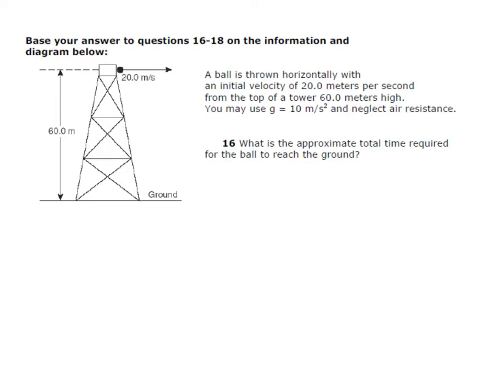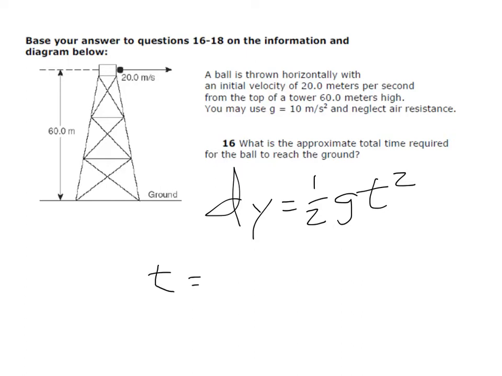In order to do this calculation, we're going to use the equation dy is equal to 1/2 g, or a, t squared. When we rearrange the equation, we get t is equal to the square root of 2 dy over g.